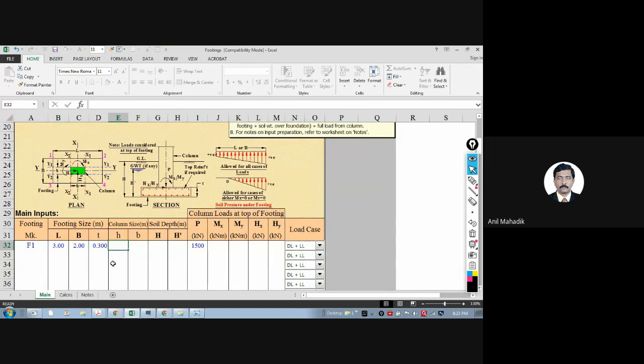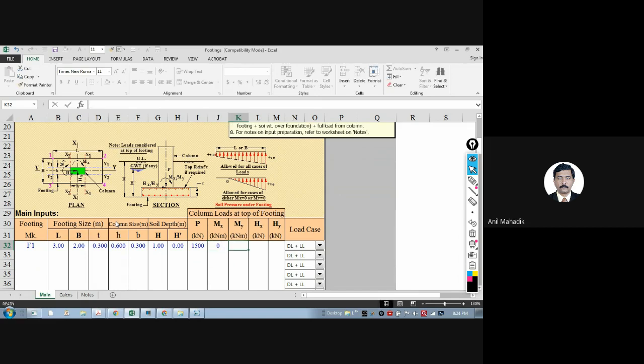Now we want to put all the dimensions in meters here. 0.6 is the column depth, and small b is the column width. So column width and column length, whatever you can say, depth. And this H is the depth of foundation. You can assume, let's say, 1 meter. And water table, let's say there is no water table, so it is 0.